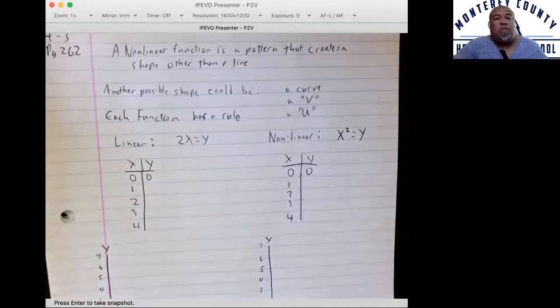Now remember we learned a little bit earlier, a pattern is any natural thing that you see occurring either out in nature or just in data that's describing nature by numbers.